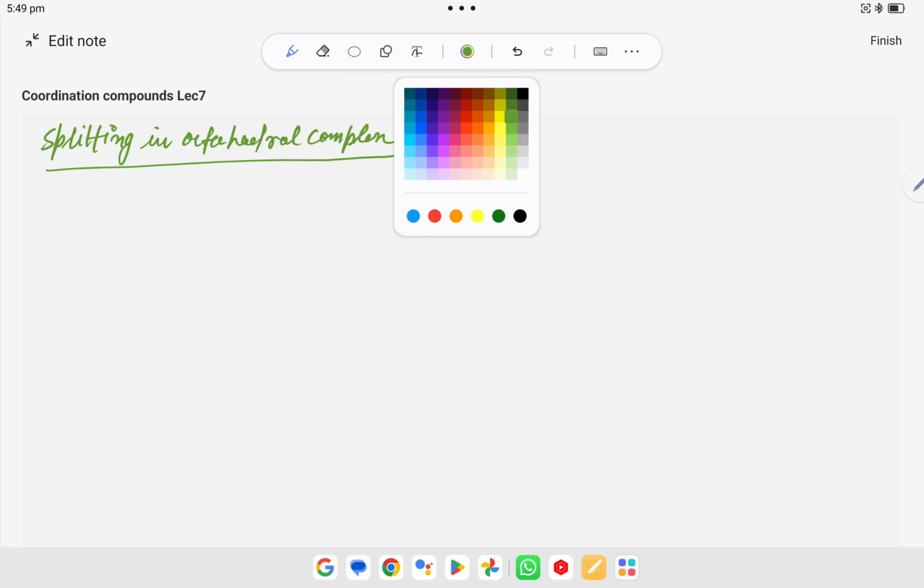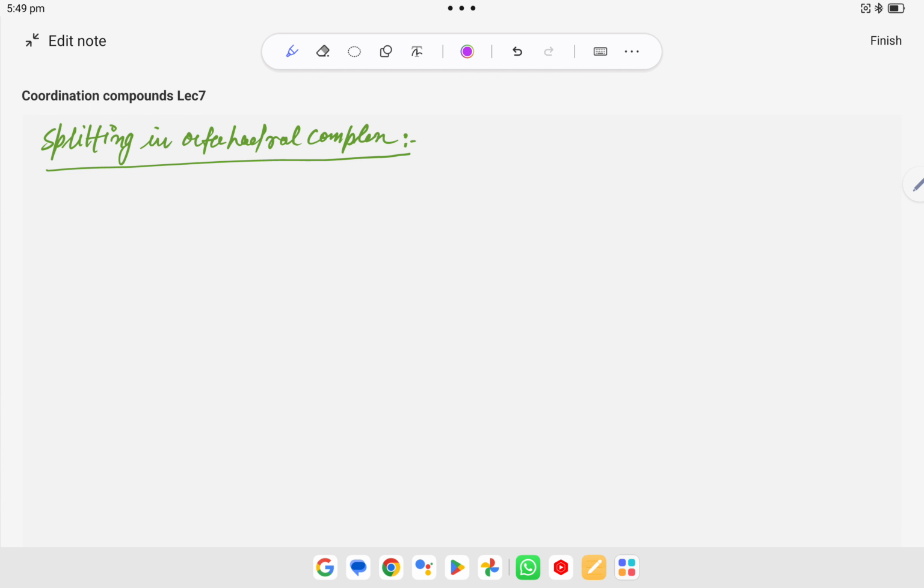So what happens in octahedral complex, children? In octahedral complex, coordination number, as we did in the valence bond theory also, is 6.